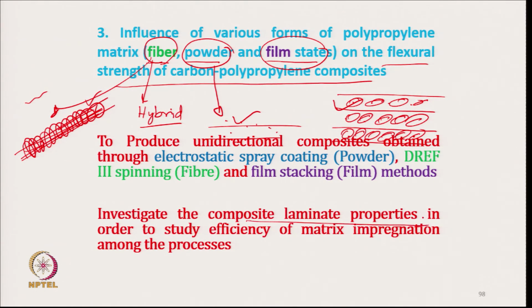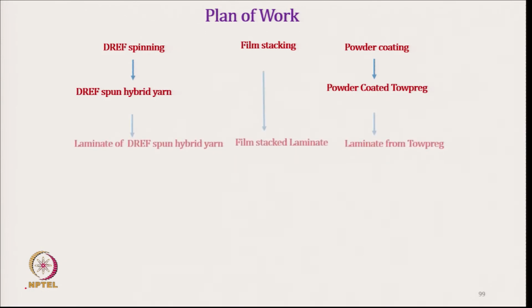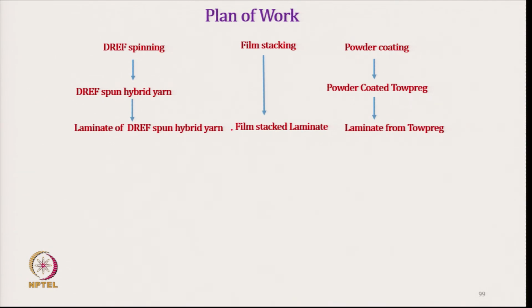Composite laminate process. So, we will make the composite laminate. The total plan of work is that first DREF spinning will be done, using polypropylene as a fiber, then film stacking and powder coating: the DREF spun hybrid yarn, the powder coated tow preg, then film stacking will be done directly on the carbon tow.